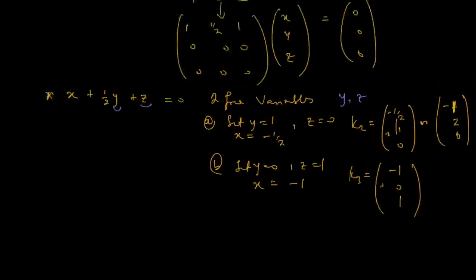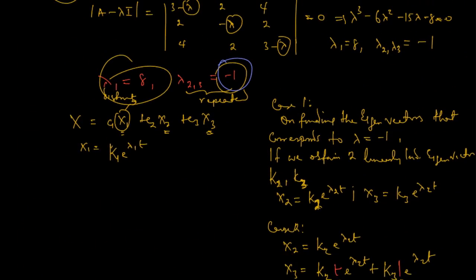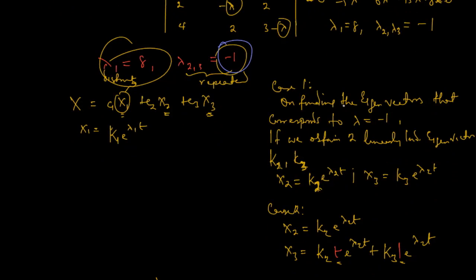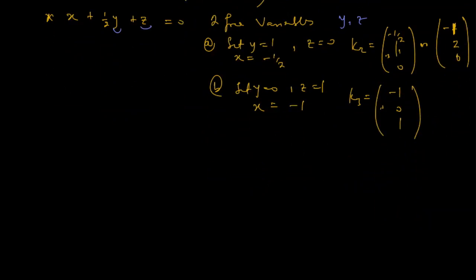That satisfies the first case which I described earlier. That is case 1. On finding the eigenvectors, we obtain 2 linearly independent eigenvectors. So that implies that these are 2 linearly independent solutions of the homogeneous system that we were given.